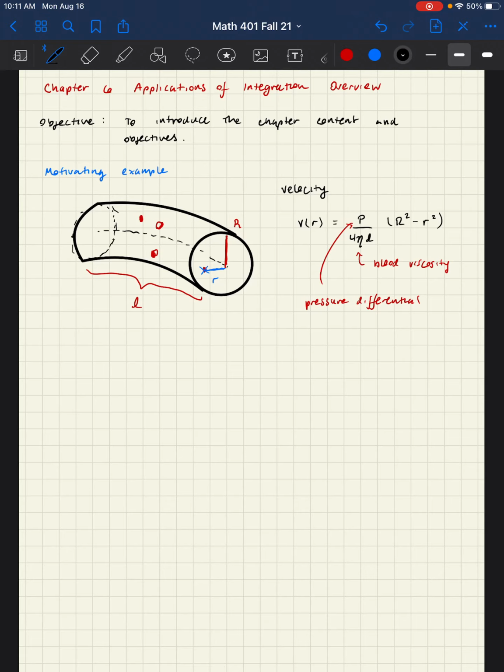But our question here is, what is the average velocity, V avg, over the entire cross section, this circular area?